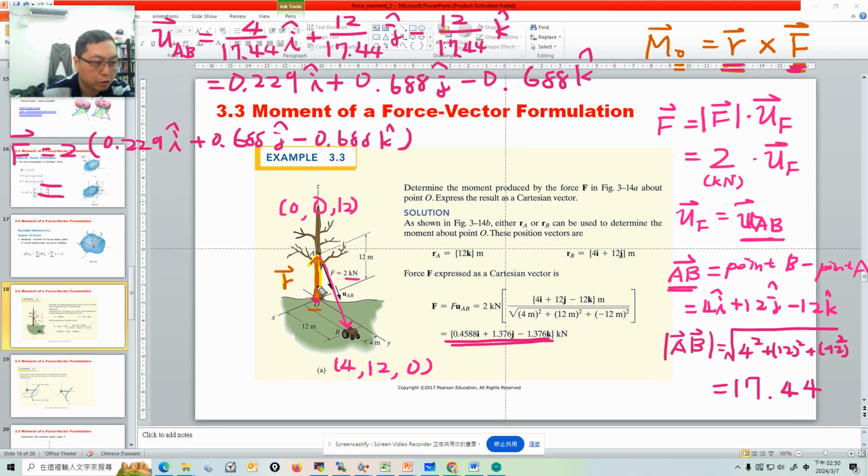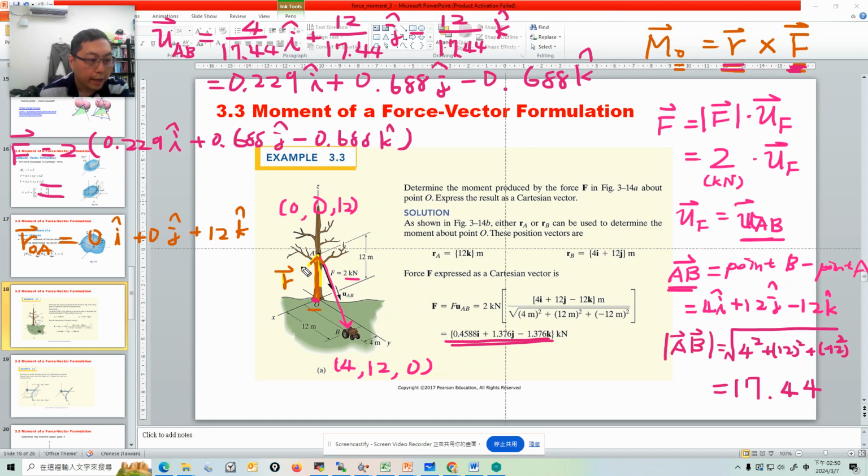So the easiest, most obvious choice is the OA vector. The OA vector is 0i plus 0j plus 12k. Because O is the origin, it's very easy to write down the OA position vector.